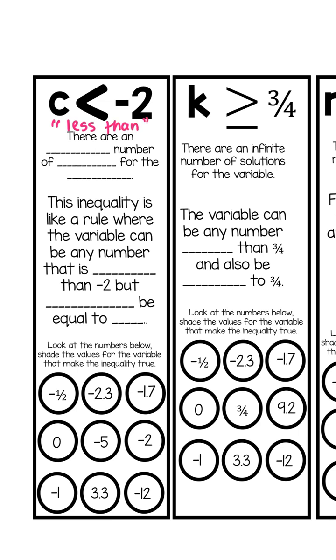For this, there are an infinite number of solutions for the variable. Okay, the inequality is like a rule. The variable can be any number that's less than -2, but it cannot be equal to -2.